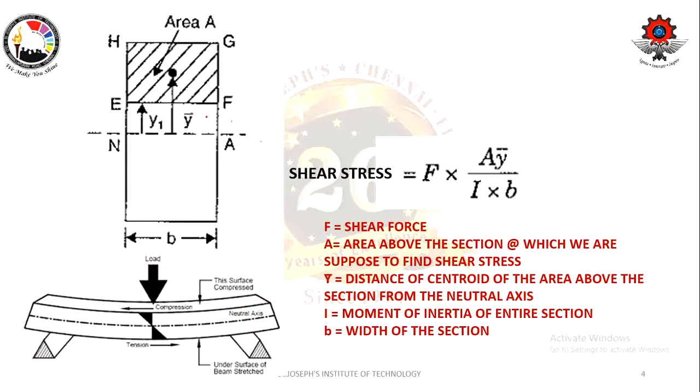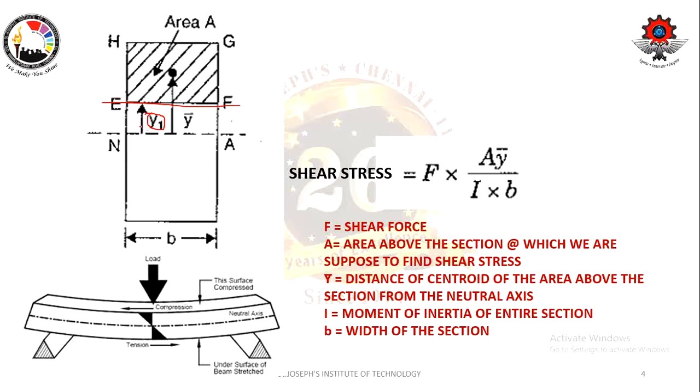So in this case, for symmetrical sections, the neutral axis will be passing through the center of the section. In this case, F is the shear force, as we have already seen. Here we are going to find the shear stress at this particular junction EF. This junction EF is at a distance of y1 from the neutral axis.